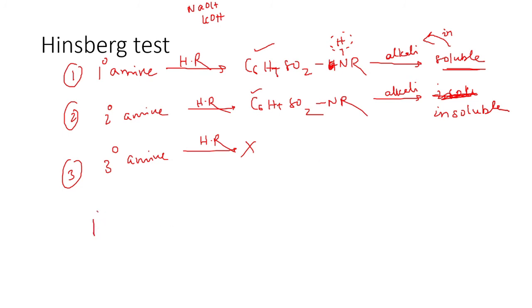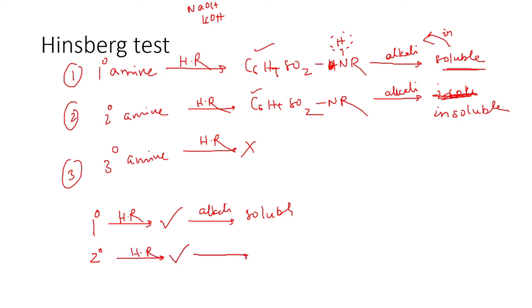So this is the flowchart you get. Primary amine, Hinsberg reagent, complex formation takes place, alkali, soluble. Secondary amine, Hinsberg reagent, complex formation takes place, alkali, insoluble.